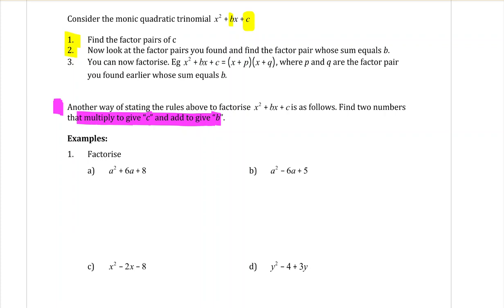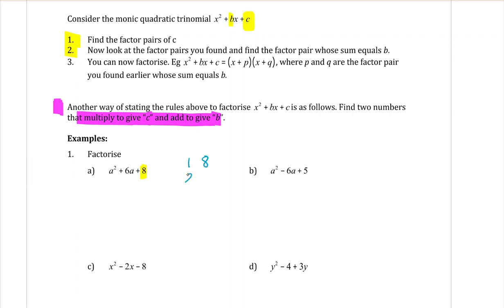So if I was doing this from scratch, assuming that you'd never done this before, if we were looking at a quadratic like this, a squared plus 6a plus 8, the first thing you look at is the number on the end, the 8. And think back to year 7. You want to think of all your times tables that times to give 8. So you would have 1 and 8.